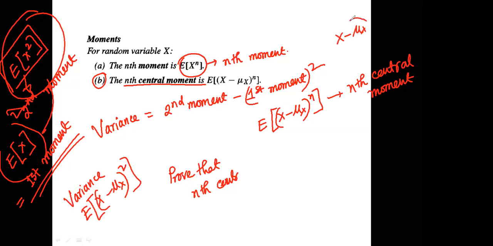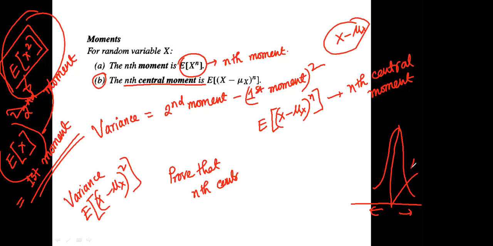When I'm talking about, for example, a Gaussian distribution, the distribution is something like this, so the random variable x is not much deviated from the mean mu x. But if the distribution is something like that one, then I will say that the random variable x is far deviated from the mean mu x.